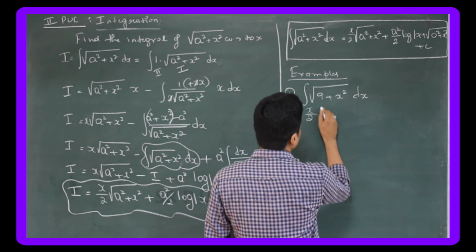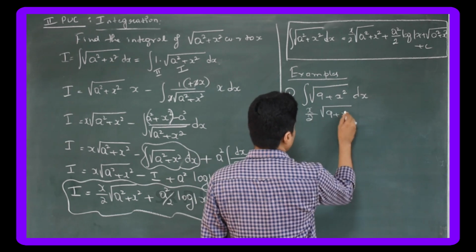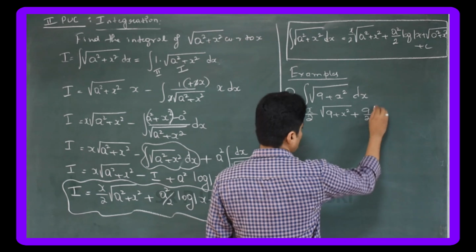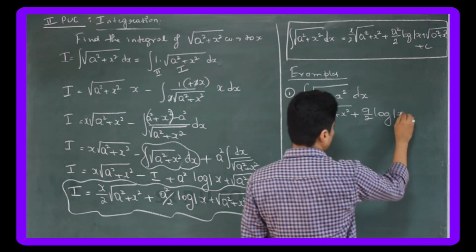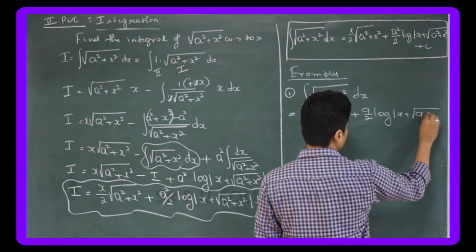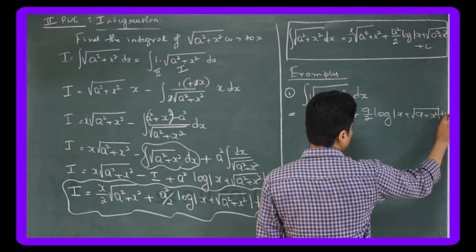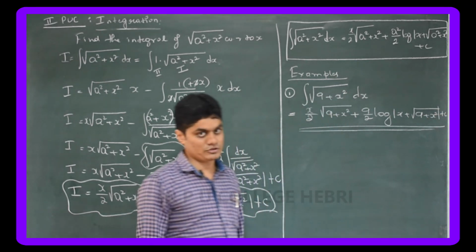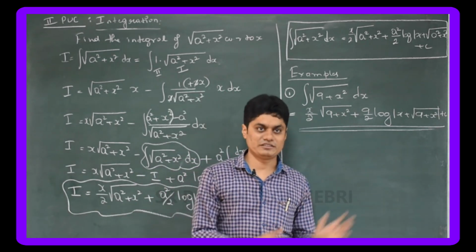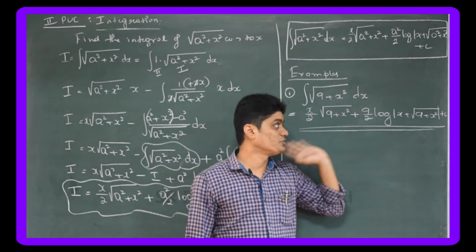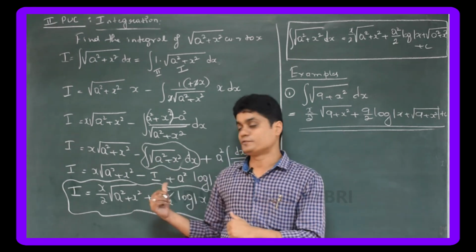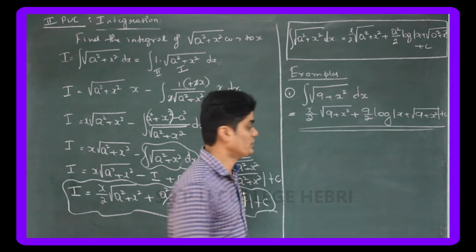Into the same expression you write again, a square, that is 9 by 2, into log of x plus root of 9 plus x square, plus integration constant. Almost in one step, if you have good practice. Otherwise you need one more step. So you can write directly, nothing to worry. It is asked for 1 mark. Derivation is for 4 marks, the problem is for 1 mark.